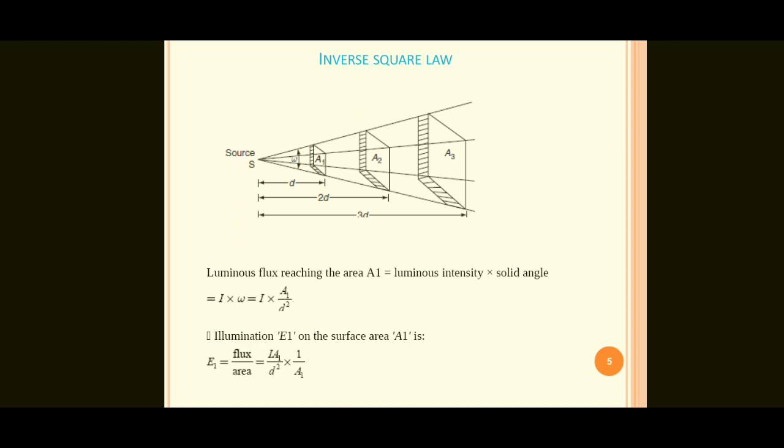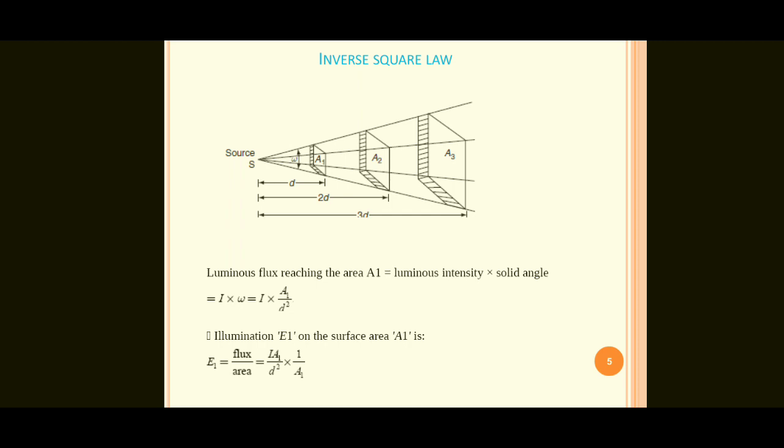So the luminous intensity is I, into solid angle omega, equals I into A by d square.